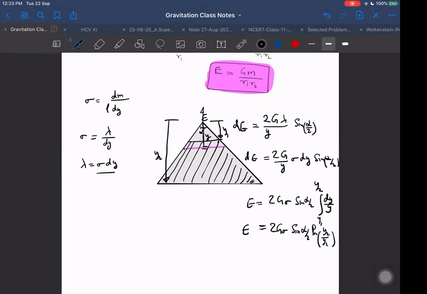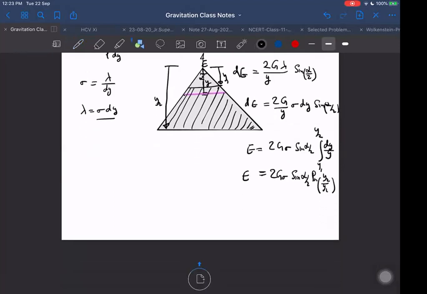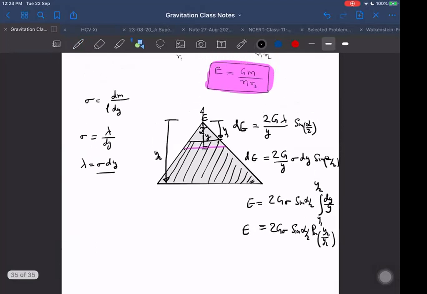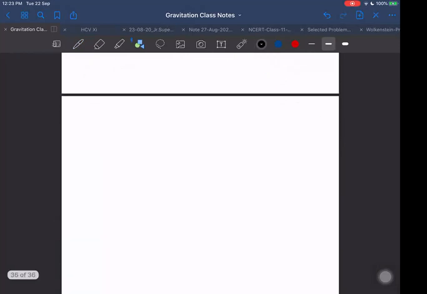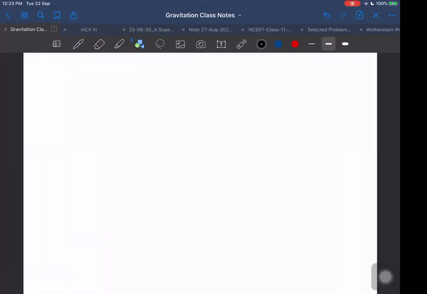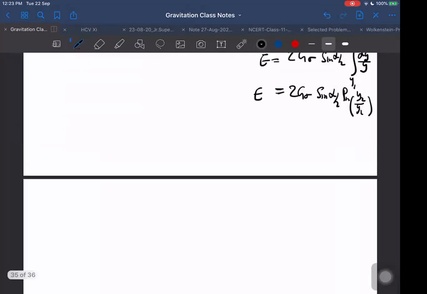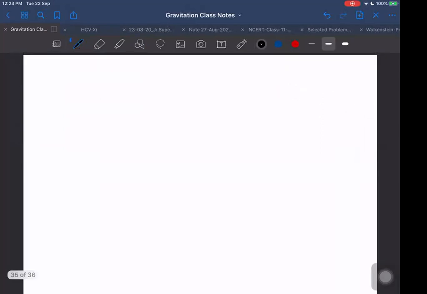Next we have these examples of superposition, I can say.